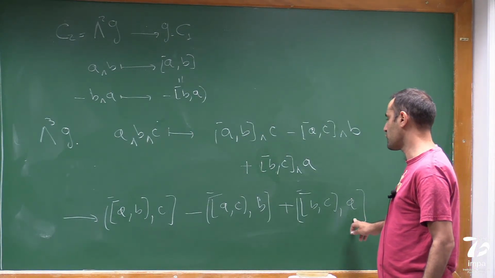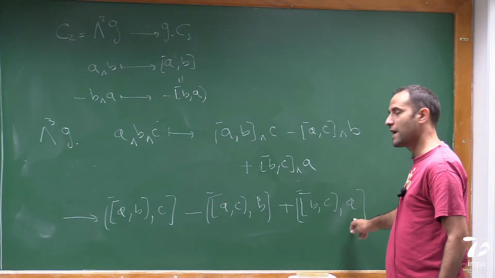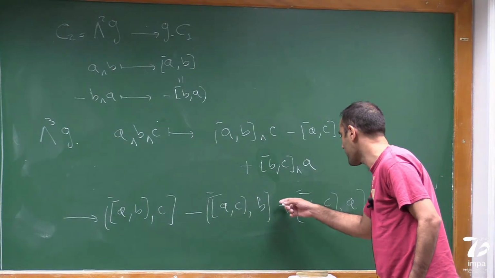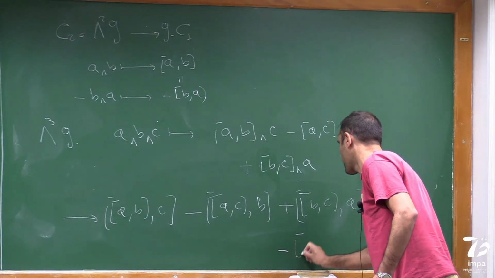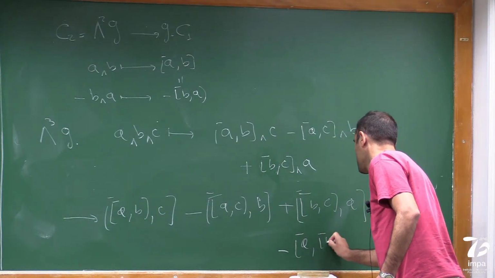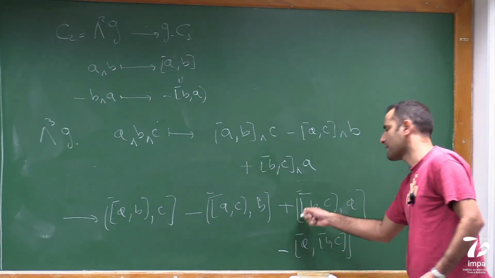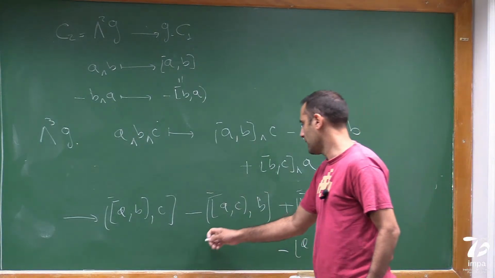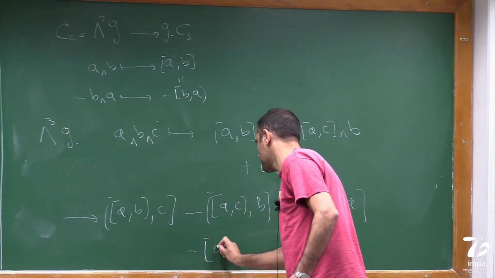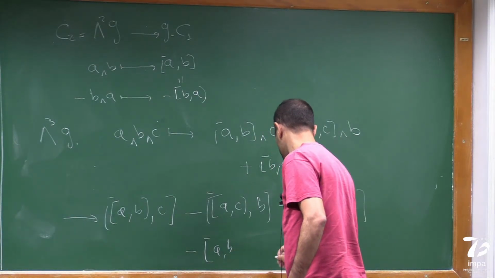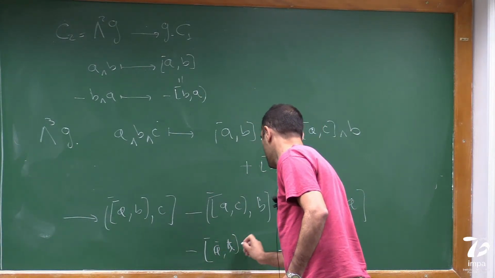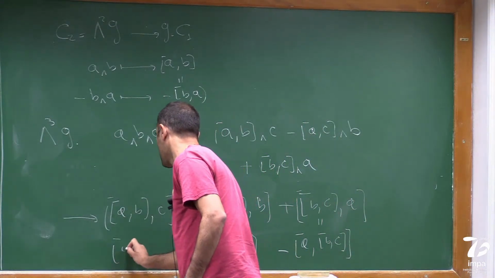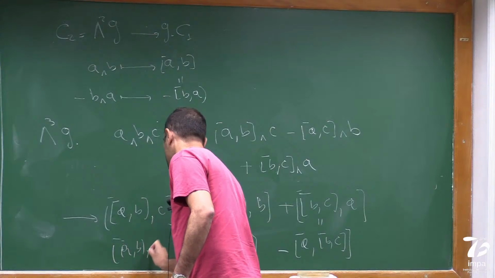I'll just shift this guy to the other side of an equal, so put a minus here and write this as A bracket B bracket C. So that's by skew symmetry. These two are equal, and that's with a minus sign. And here I'll keep it as it is, A, C, B.